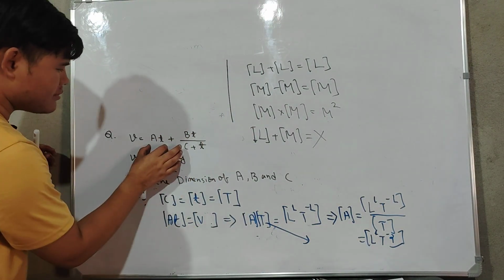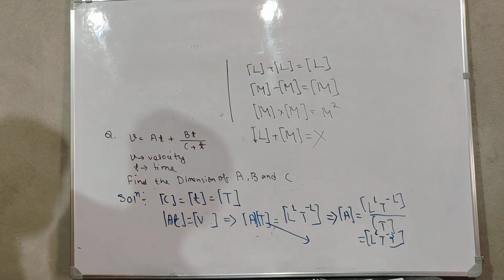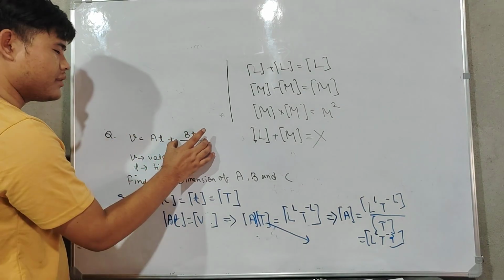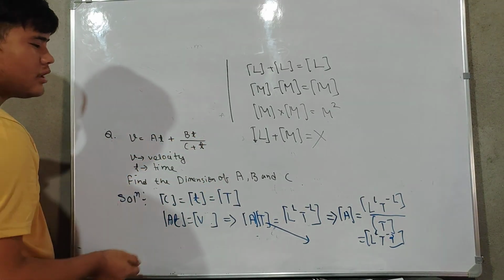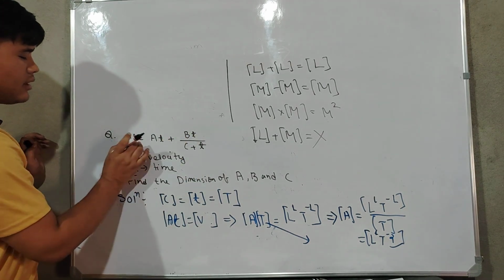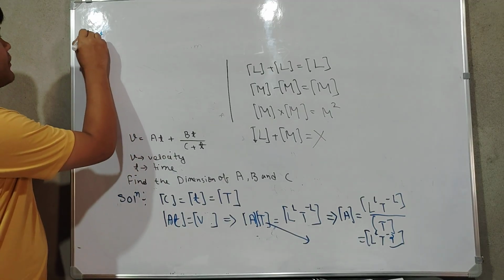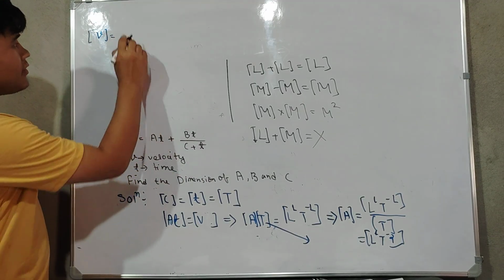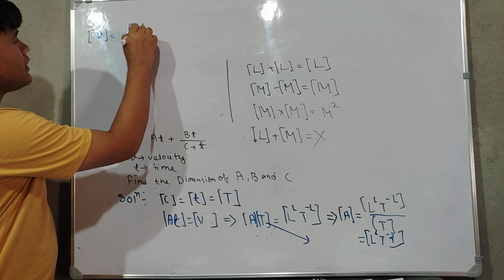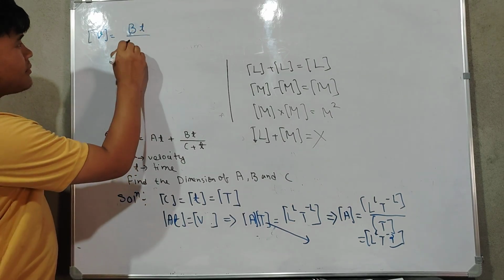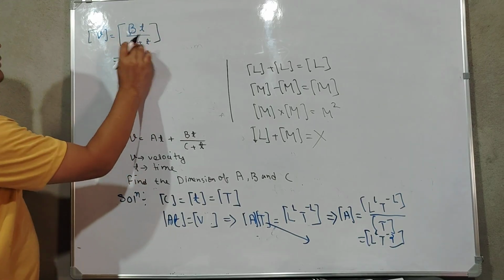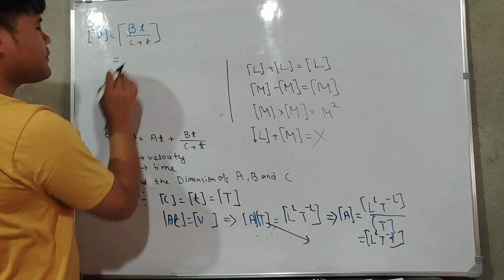So now these terms and these terms have the same dimensions, right? Or these terms and these terms are the same, so we can take anyone, whether you take this or this, or this and this as you wish, because all of them have the same dimension. So we will take this B, okay? So dimension of B is equal to dimension of B T and then C plus T. Now C plus T means both are time, right?